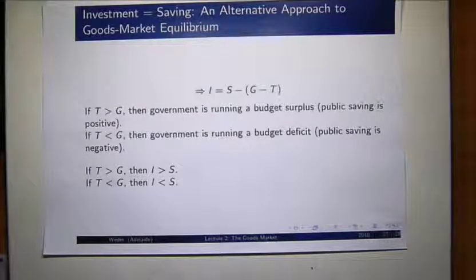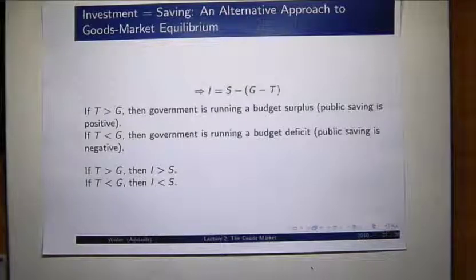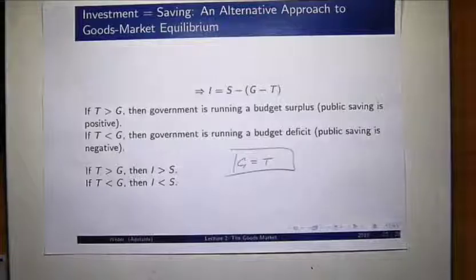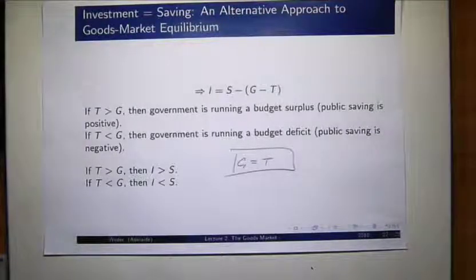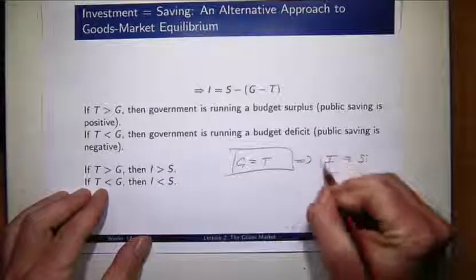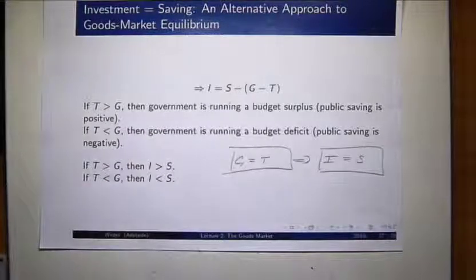And this has to be the case all the time. Okay, so basically in the next couple of weeks we derive some theories how these adjustments may come, how that can take place. But we also know that if the government budget is balanced, so if the income T is exactly their spending G, in this case, we will also know that investment will be exactly equal to savings in an economy.